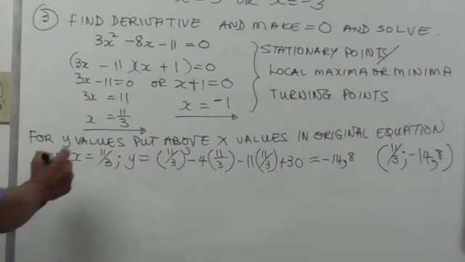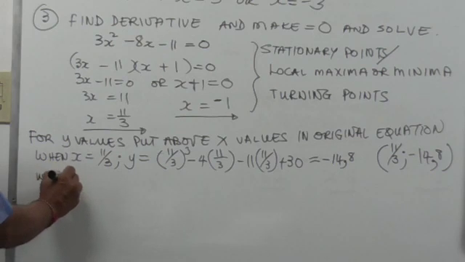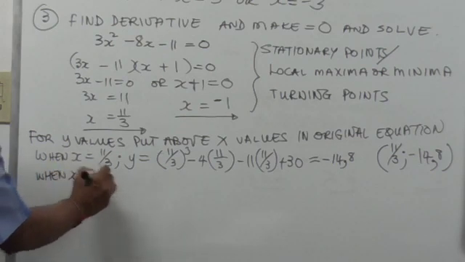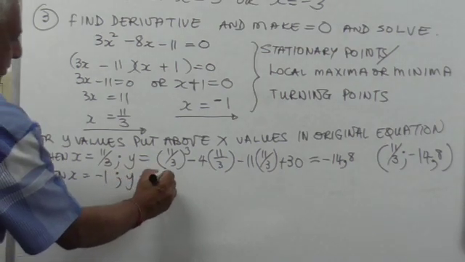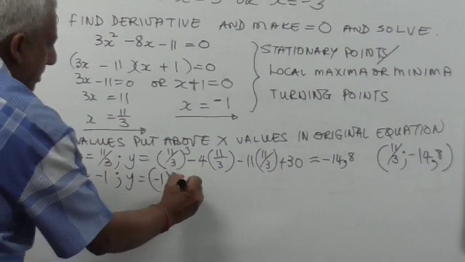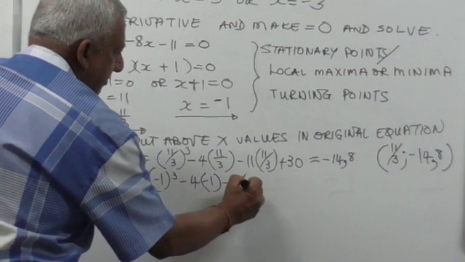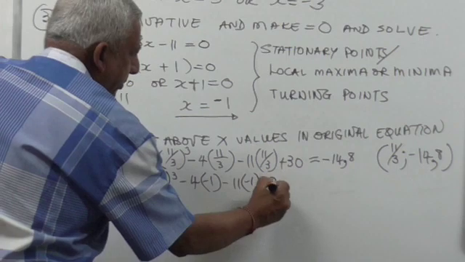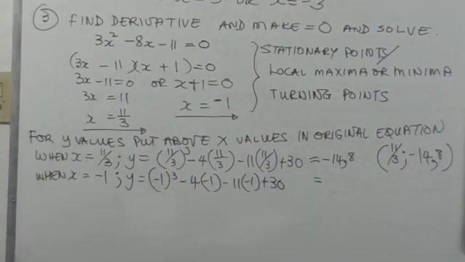Now the next turning point. When x is equal to minus 1, y is equal to minus 1 cubed minus 4 into minus 1 minus 11 into minus 1 plus 30. And when you put that into the calculator, you will get the answer 36.